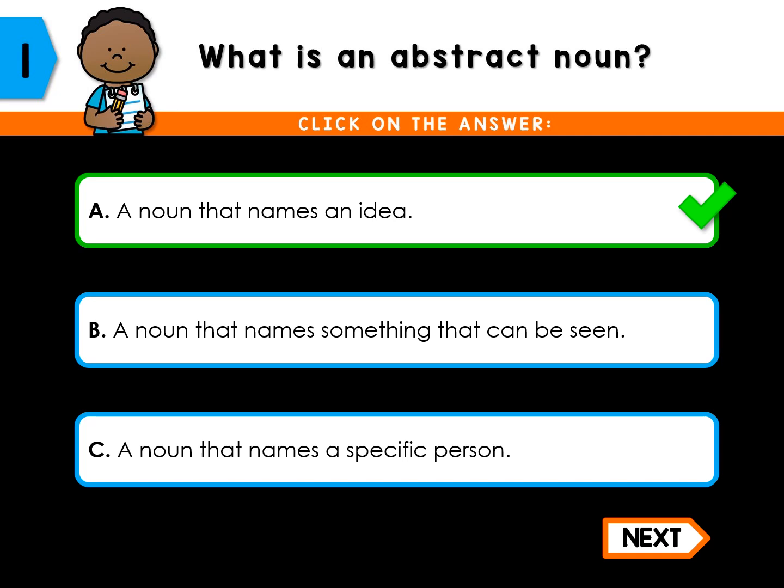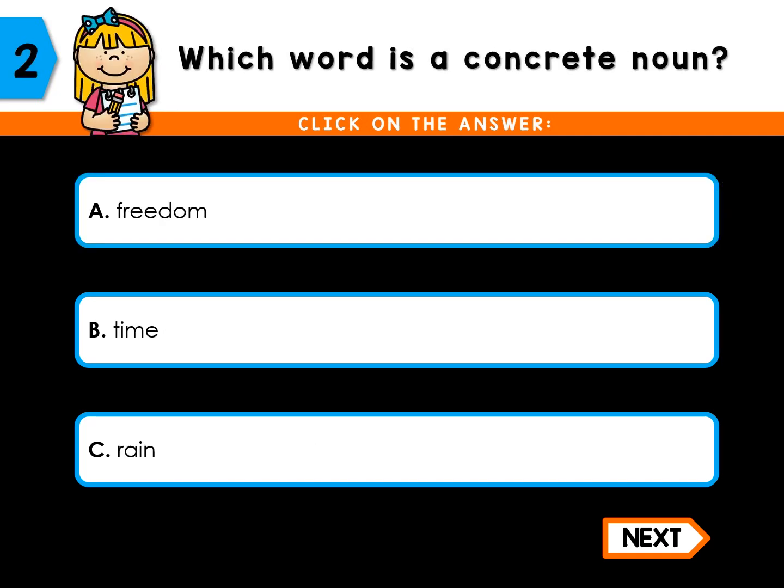Remember, it's abstract because we cannot see an idea, we can't pick it up, we can't use our 5 senses. Question 2. Which word is a concrete noun? A, freedom, B, time, or C, rain? Circle the correct letter. Did you get rain?